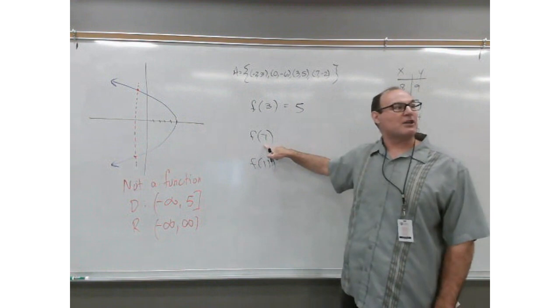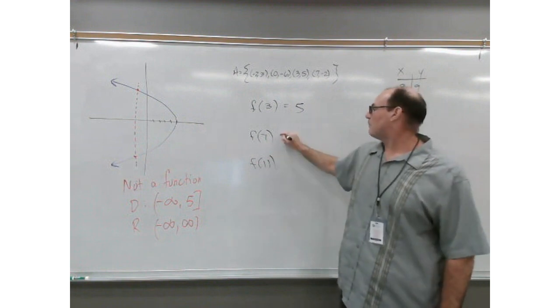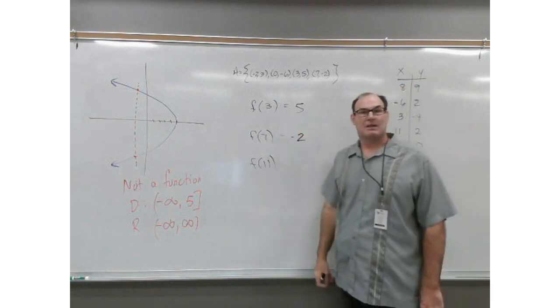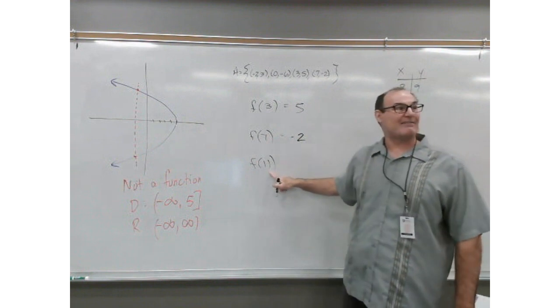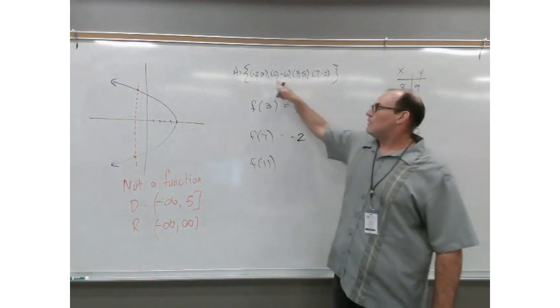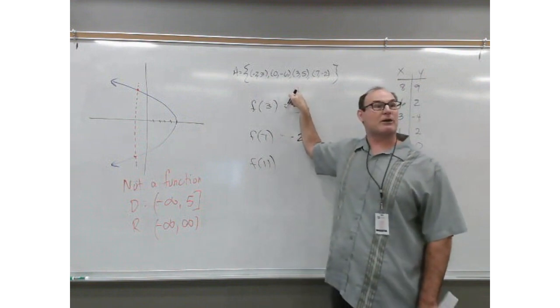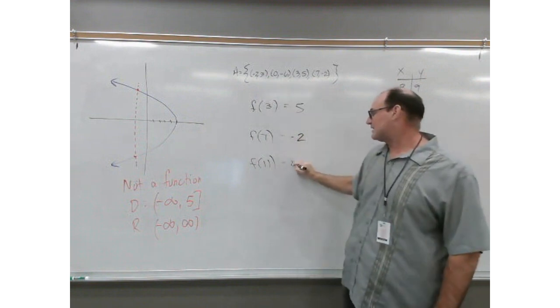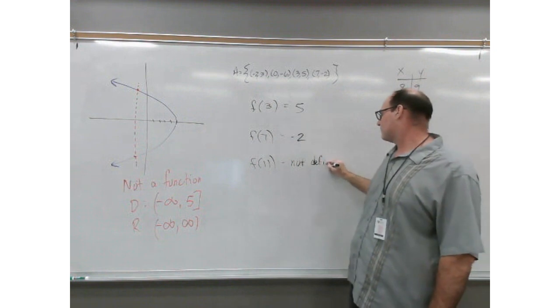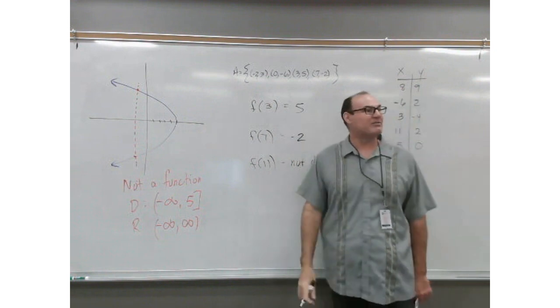What's the function value at 7? Perfect, well said. What's the function value at 11? This function does not define a relationship between an x value 11 and anything else. So what we write is not defined or undefined, either way.